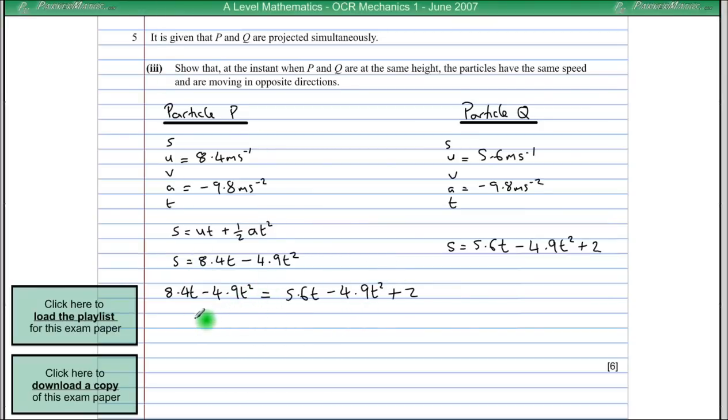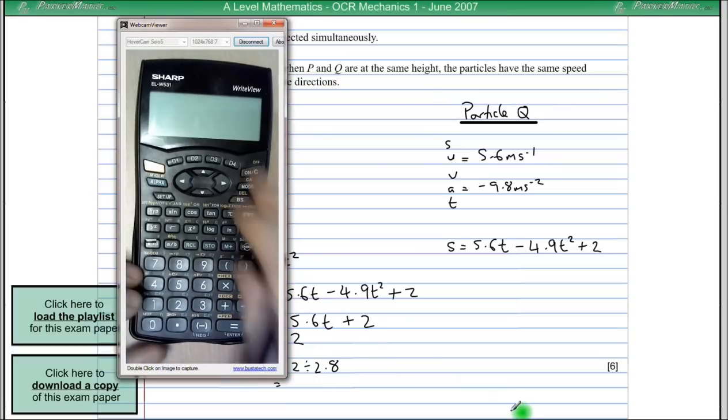Let's cancel that out and we get 8.4t equals 5.6t plus 2. Let's now simplify this bit, so we'll do the 8.4 minus the 5.6t here, and that will give us 2.8t equals whatever's left here, which is 2. So t is going to equal 2 divided by 2.8.